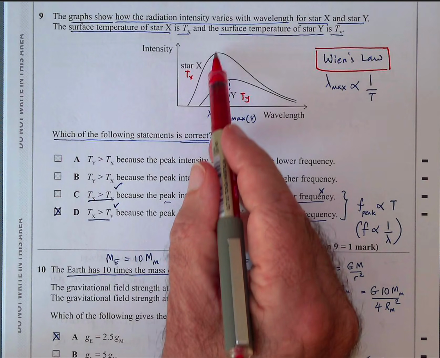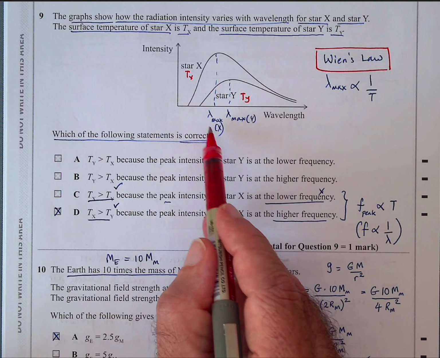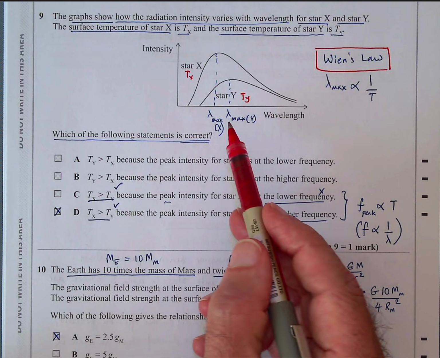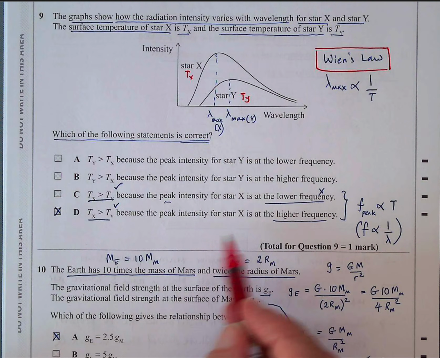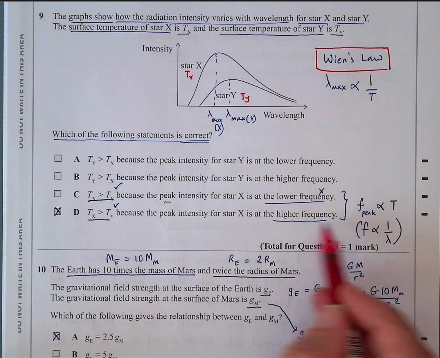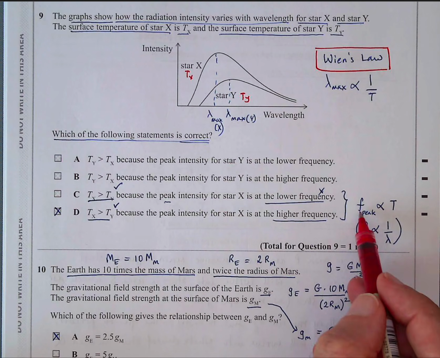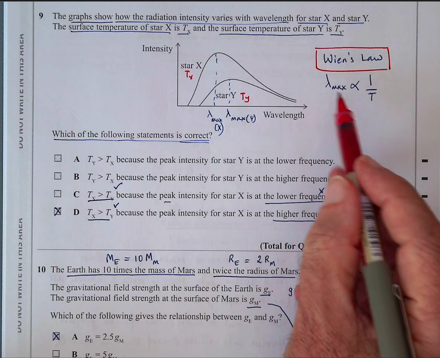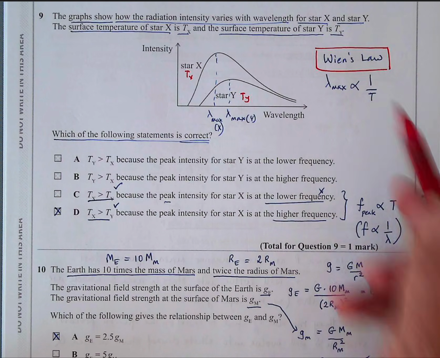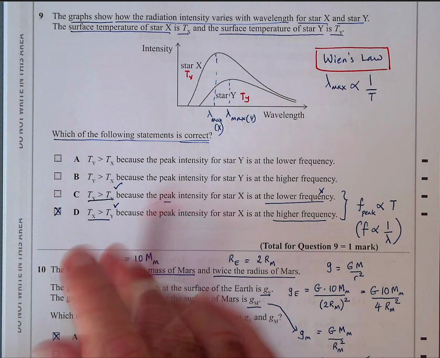So the peak frequency will be higher for the one with a lower wavelength, and frequency and energy are related, so therefore it must be due to the temperature. Because the peak intensity of star X is at a higher frequency, that's the answer. C is the opposite, so it's incorrect. F peak will be proportional to temperature because wavelength peak is inversely proportional to temperature. So you can have a look at A and B yourself.